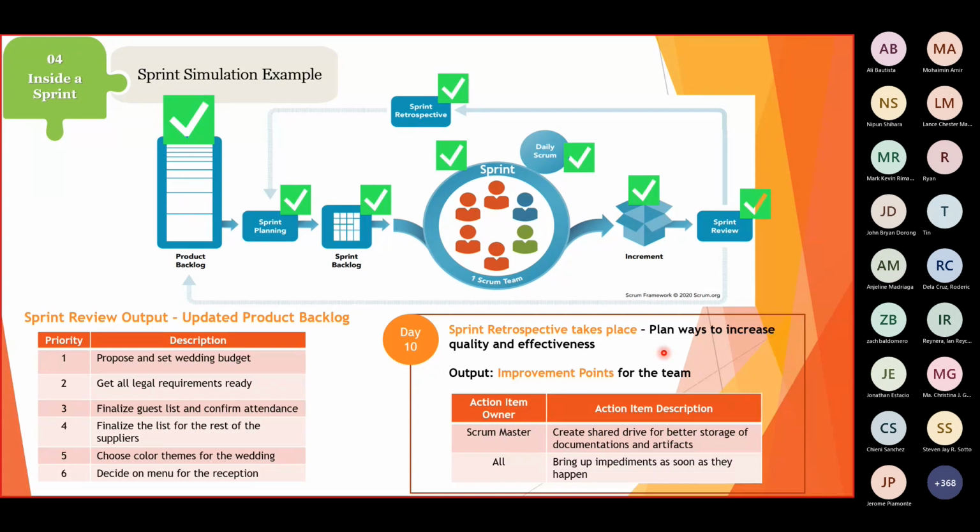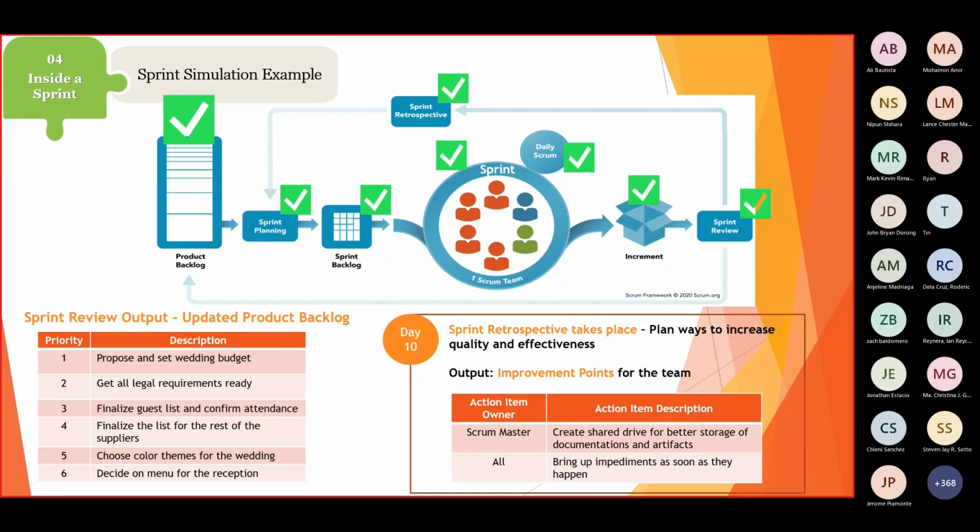Maybe in the retrospective, the team came up with these two steps: having a shared drive so that they could store whatever documentation they have, or maybe the team being very vocal about the impediments that they raise during the daily scrum. As long as it's for the improvement of the team and not of the product, then that should be fine.